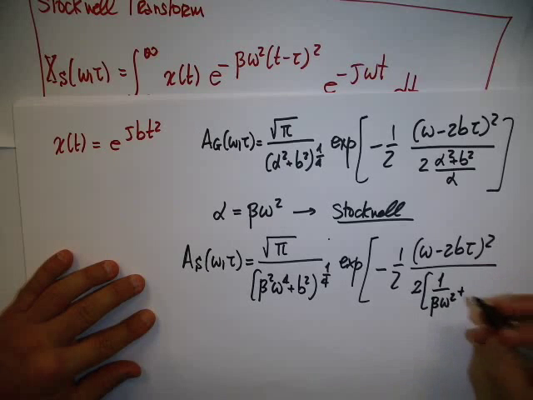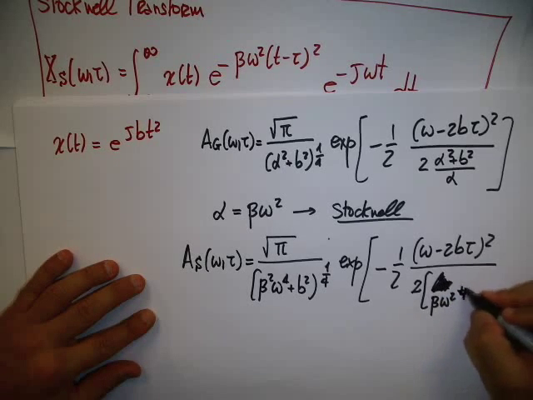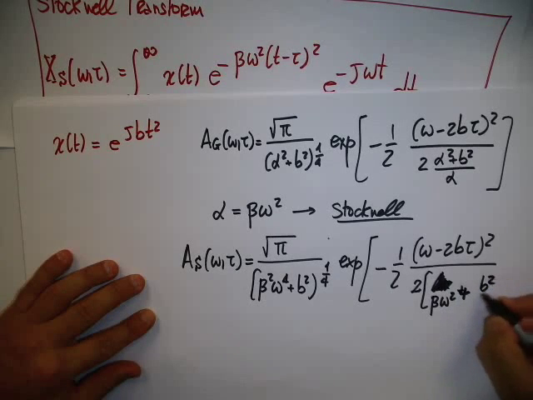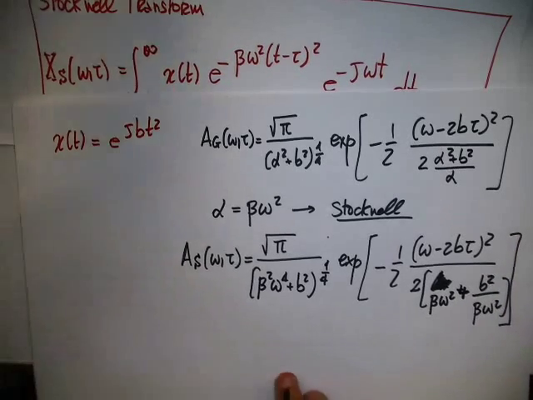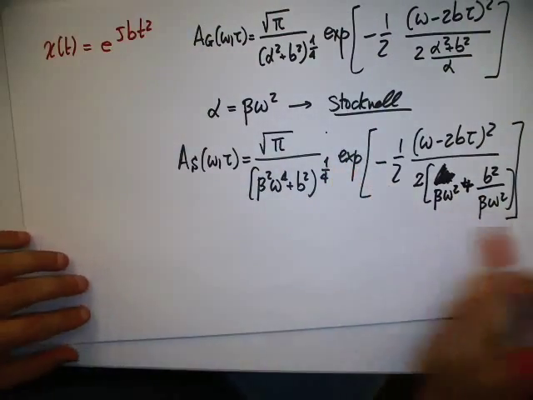Sorry, I made a mistake. So here is beta square alpha plus beta square divided by beta square. So you see that now we get dependence on the frequency.